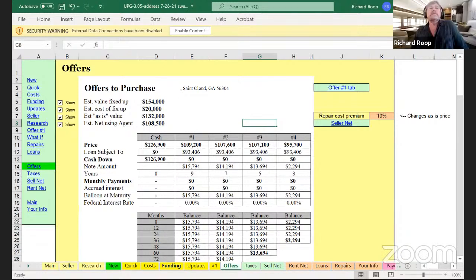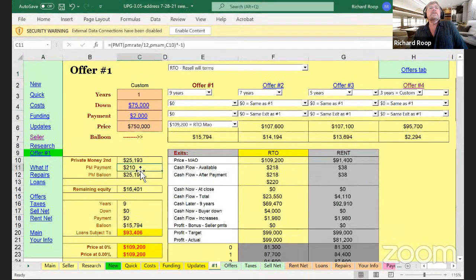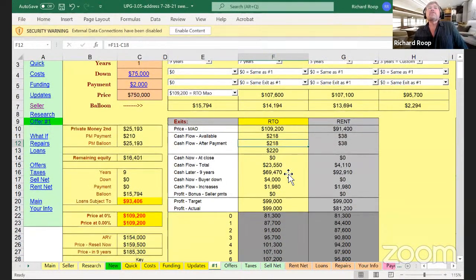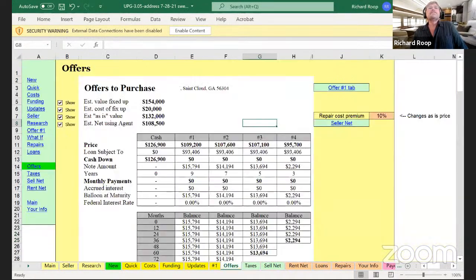And this is calculating, I think, 10% interest on a second. It's calculating that you got $210 a month extra cost, so that your target profit is still the 99 if we keep these prices. So yeah, it's better to sell it on sweat equity.